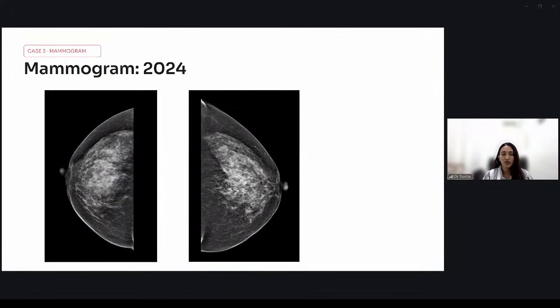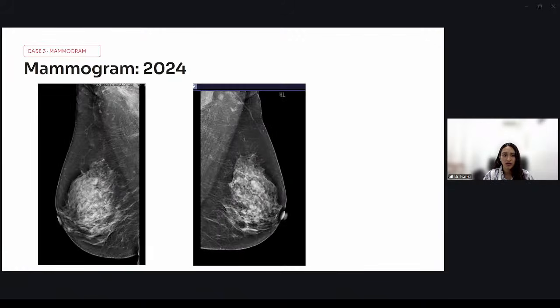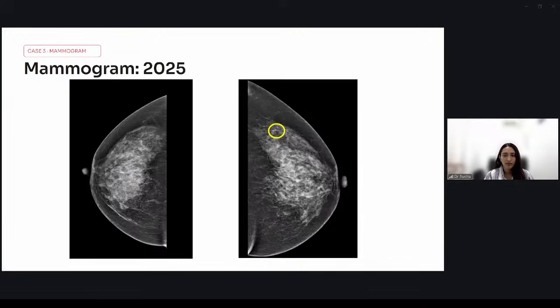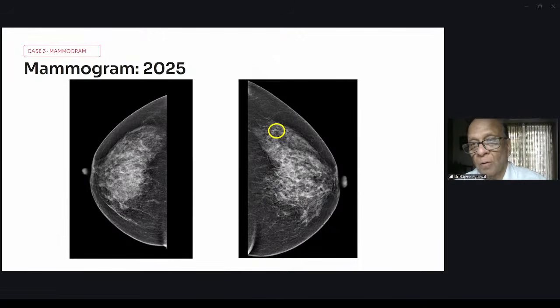This is our mammogram for 2024. In 2025, you will notice microcalcification as marked on the image.